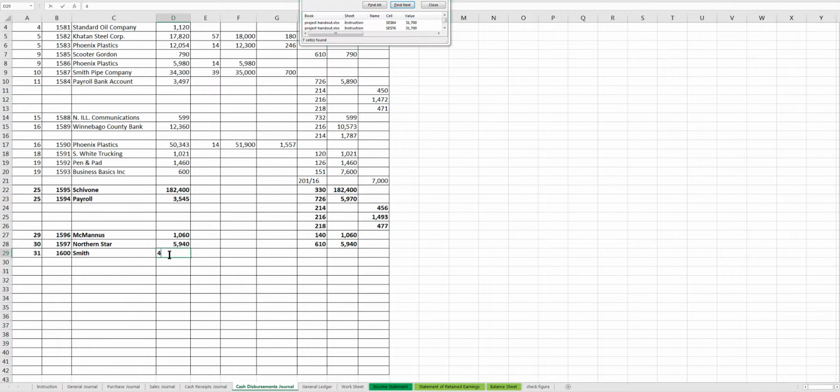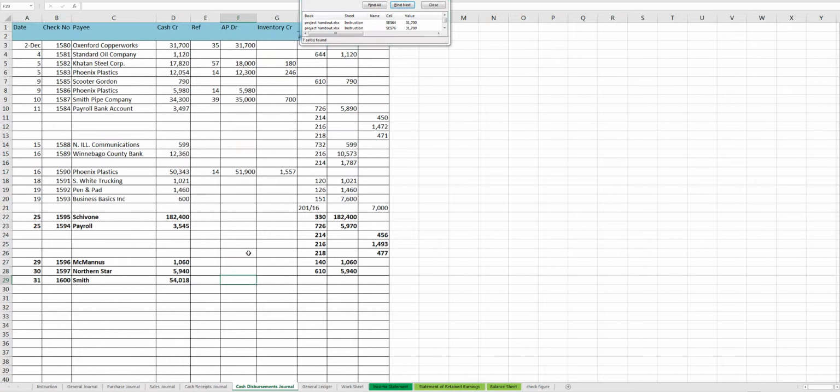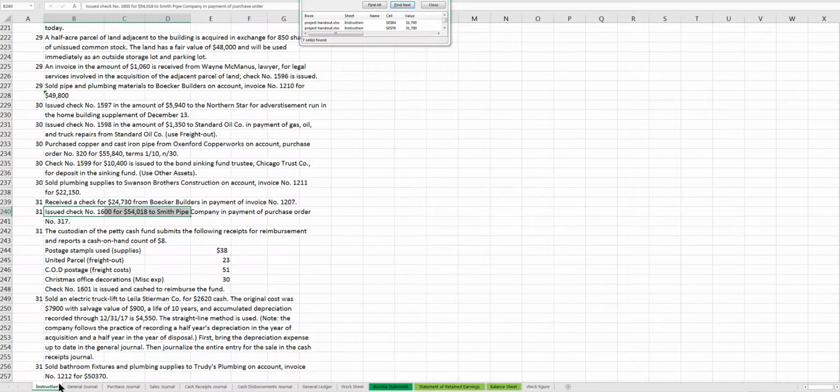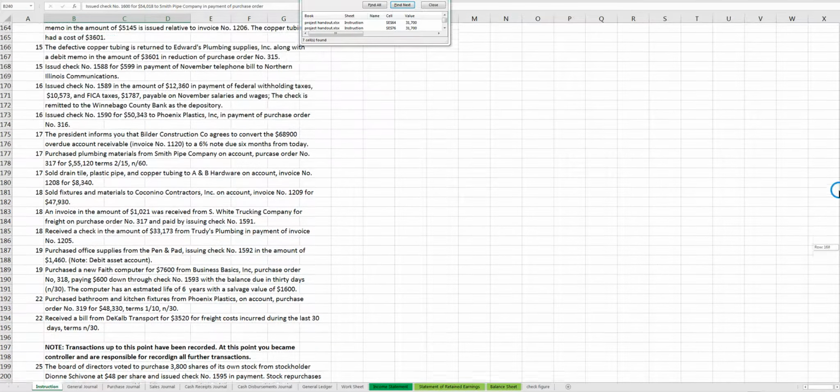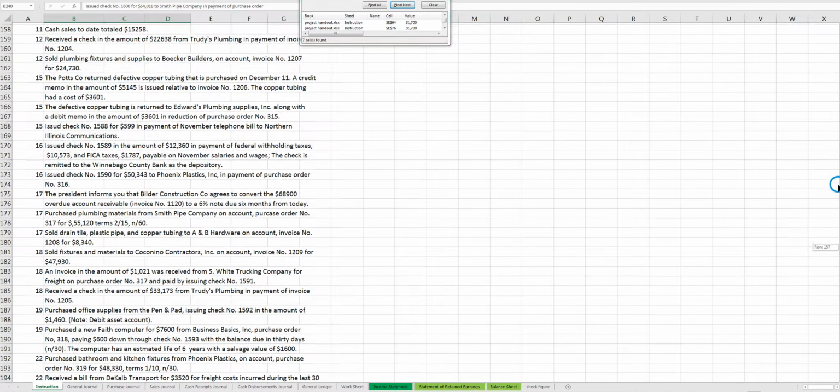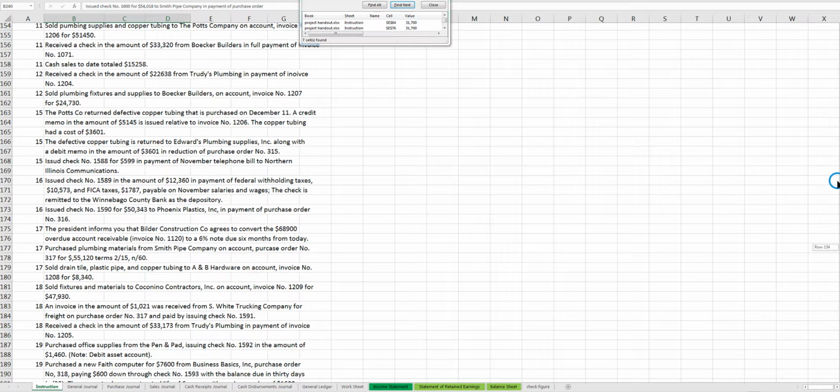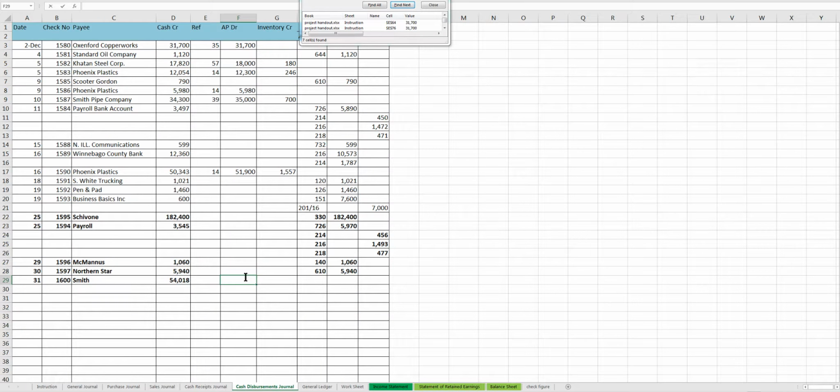We credit cash, and we debit accounts payable for our invoice of $55,120.